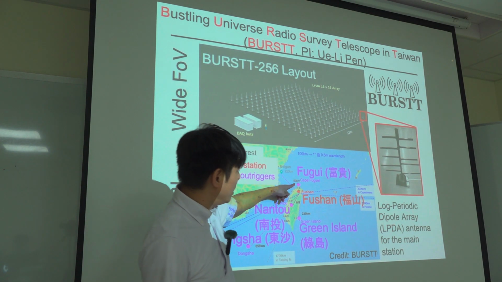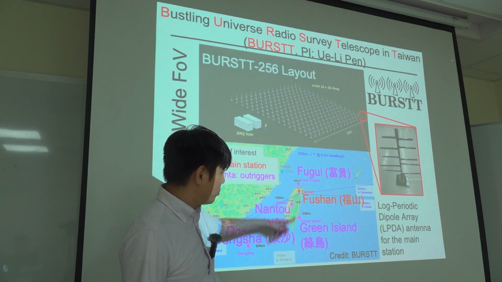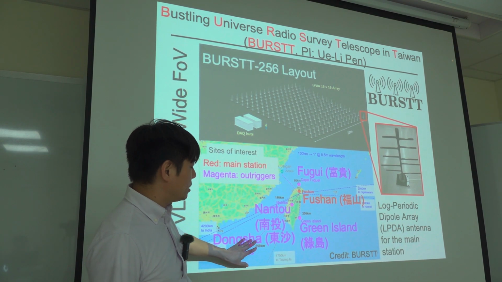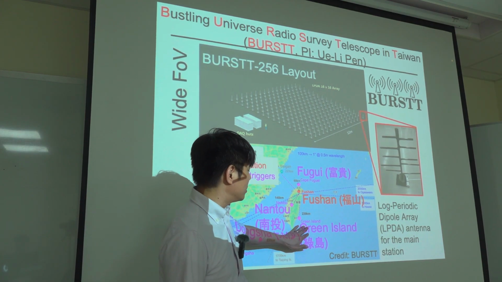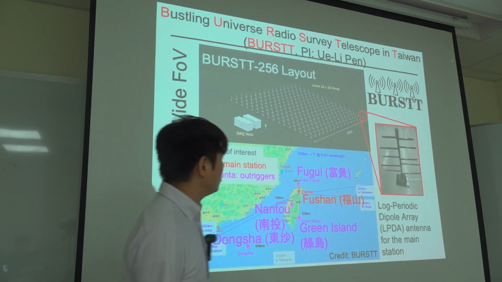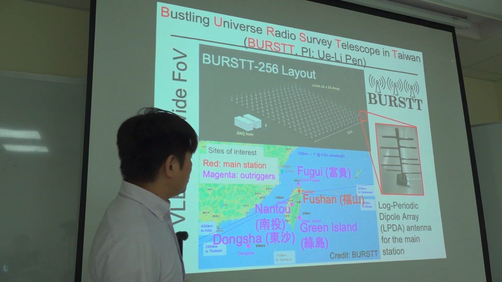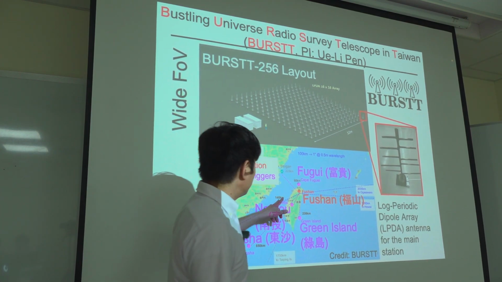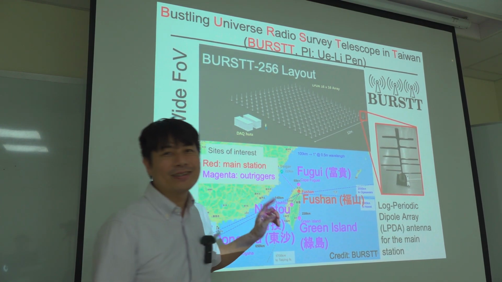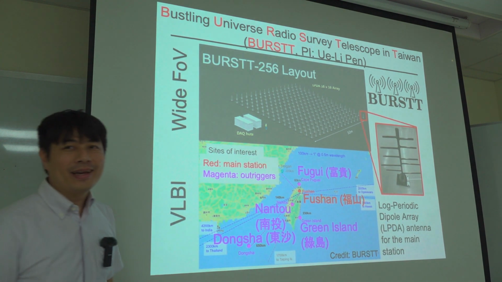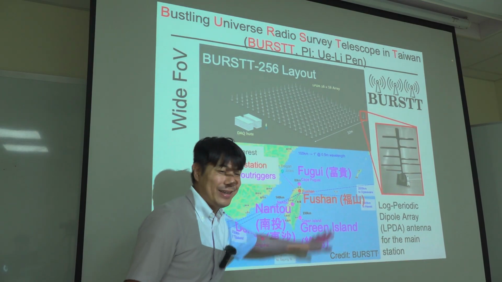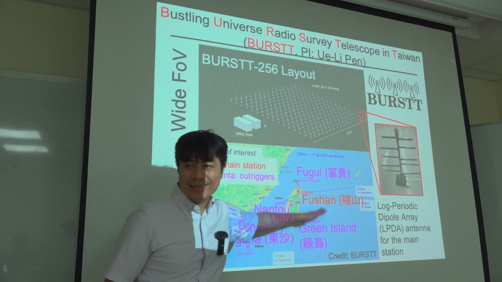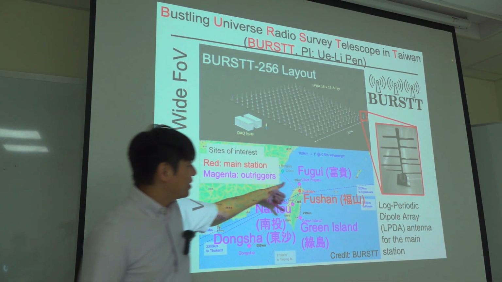One in Nantou, and Dongsha we are still thinking about. Green Island, I think people are deploying now. And then this is Taiwan's, and also Kinmen and Matsu. I think I have to update this. But anyway, Taiwan has a wide area if you include the islands, making a long baseline.